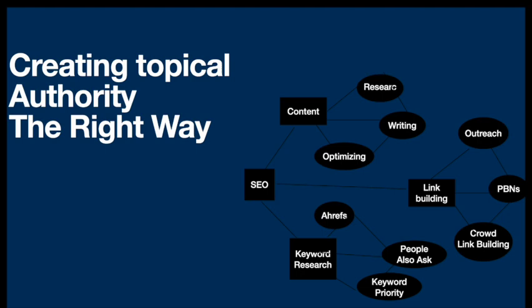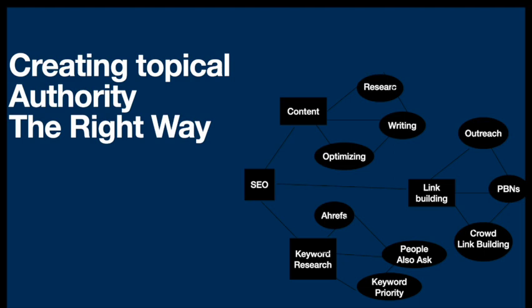And the reason why this is the right way is because if you look at how it's structured, it covers topics that are directly related to SEO, and then it covers topics that are directly related to SEO related topics. So this is not based on keywords, right?